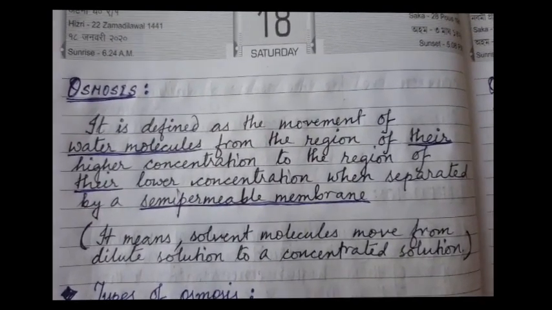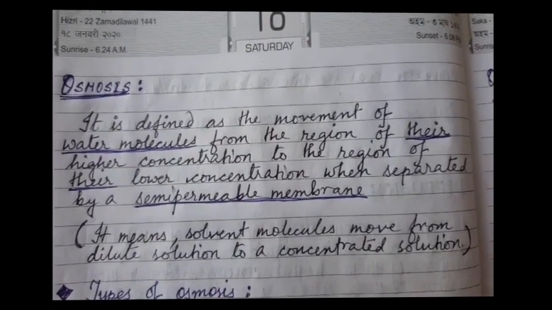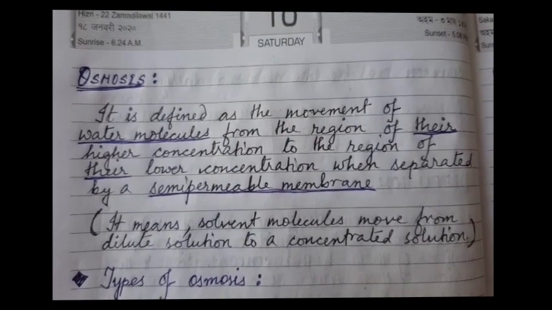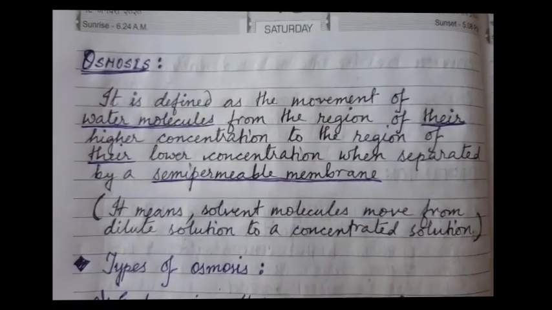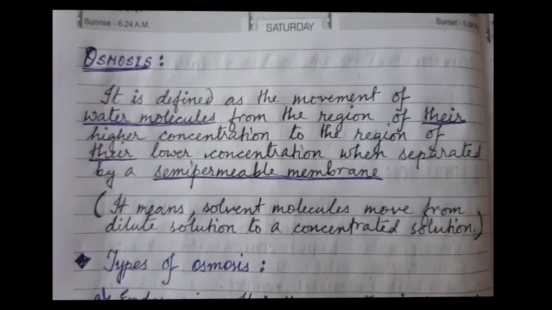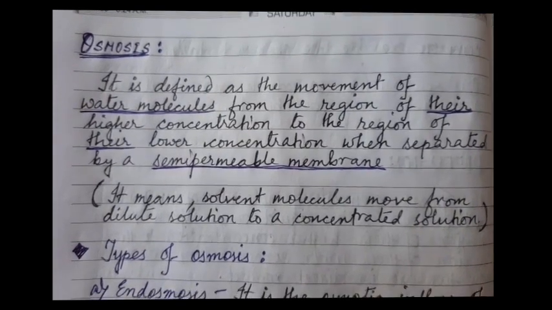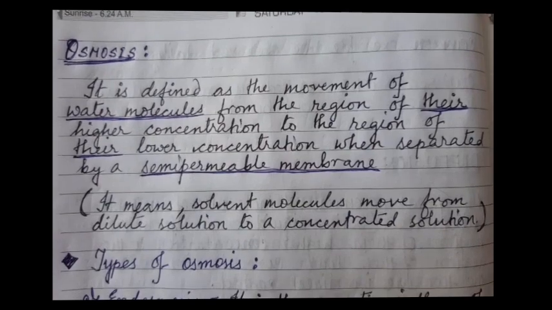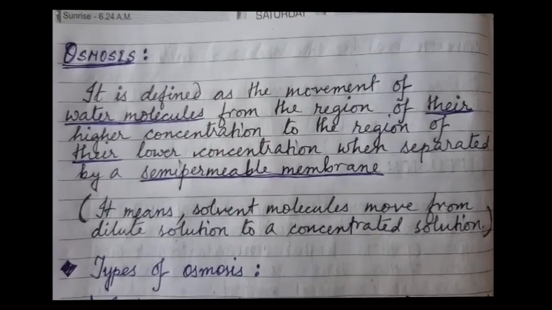Fully permeable means it allows everything to pass through it, such as the cell wall, whereas the semi-permeable membrane is the cell membrane, and impermeable membranes are those which don't allow anything to pass through.